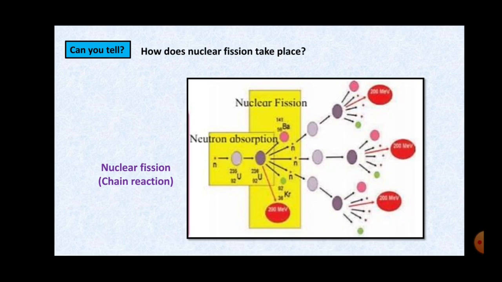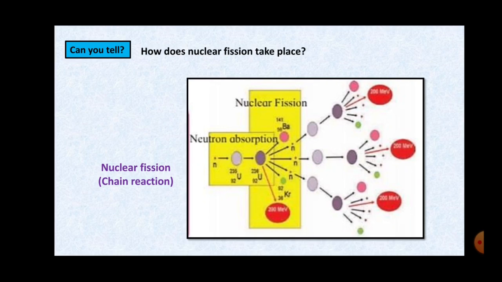Now, these three neutrons again bombard a new atom of uranium-235. This uranium-235 again absorbs the neutron and forms uranium-236. Again, this uranium-236, as it is very unstable, converts into barium and krypton, and again three neutrons are released. Energy is released. Again, these three neutrons bombard a new atom of uranium-235.